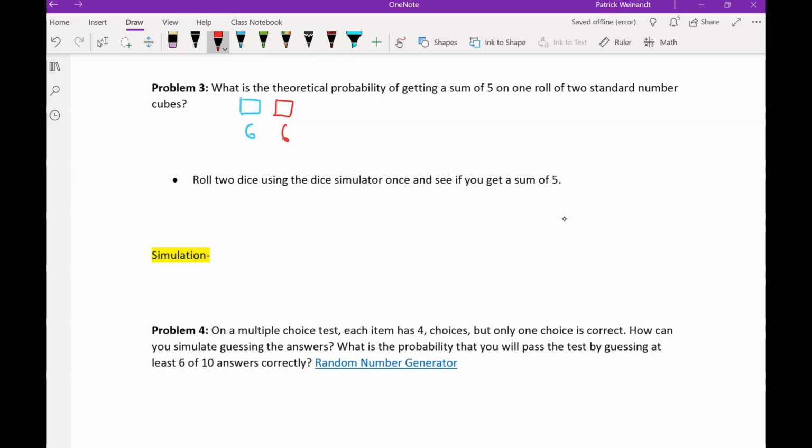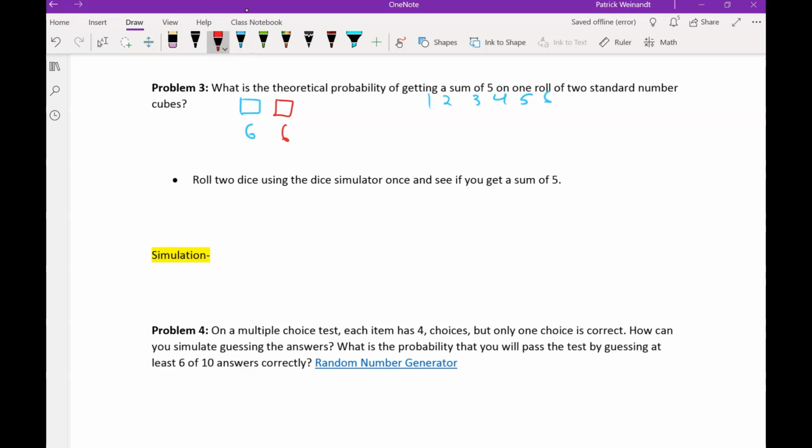And before you answer that question, let's make a table. This is always helpful for these types of problems. We want to know the theoretical probability of getting a sum of 5 on one roll of 2 standard number cubes. If we're finding theoretical probability, we need the total number of possible outcomes, and the number of ways this event can occur. So let's make a list here. For this blue die, I can get a 1, 2, 3, 4, 5, or a 6.